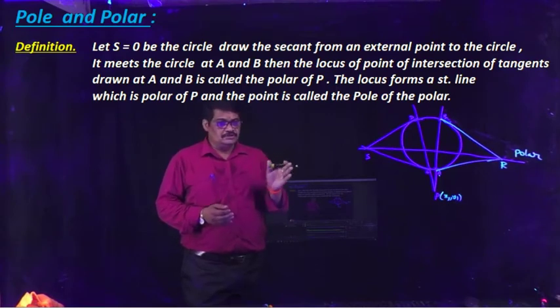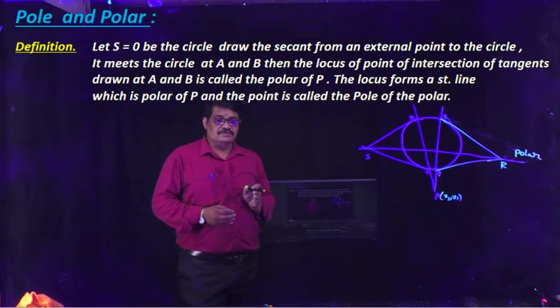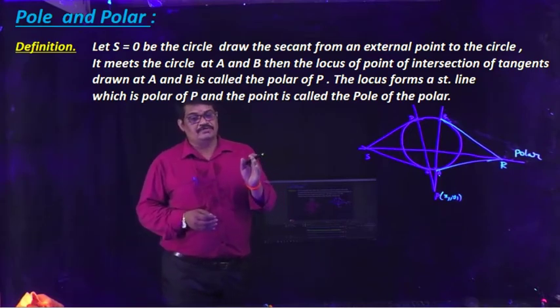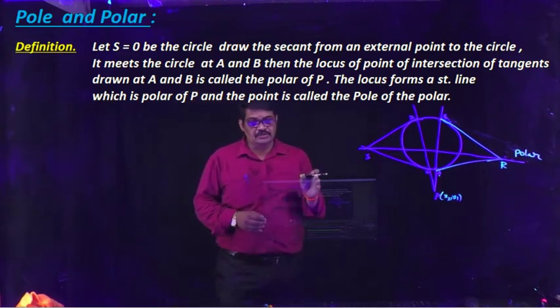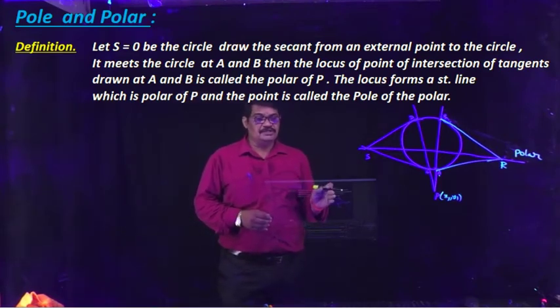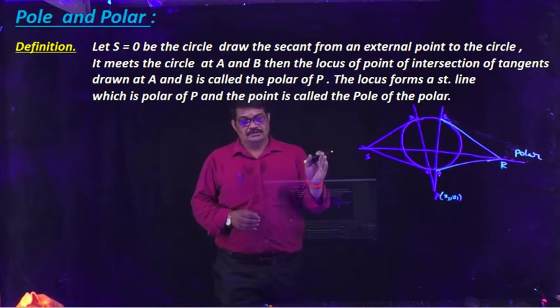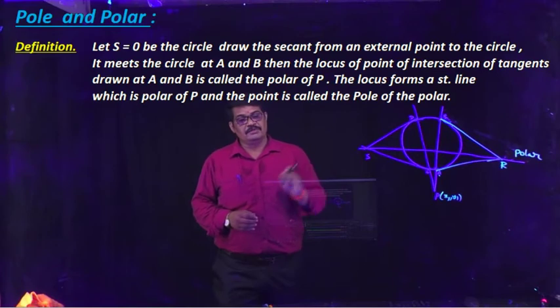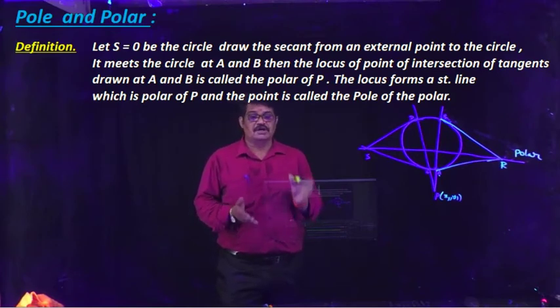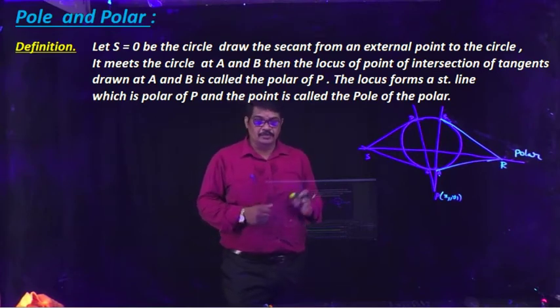That locus forms a straight line. That straight line is the polar of the point P with respect to the circle. That line is the polar of P, and P is the pole of the polar. Okay, this is the concept of pole and polar.